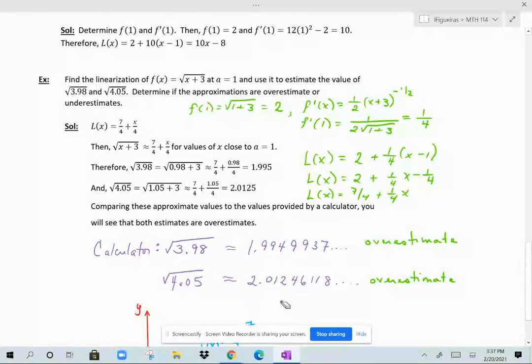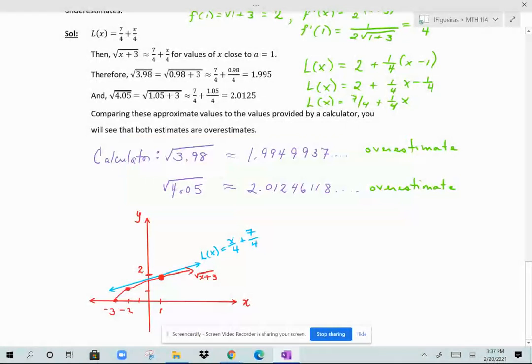So let me explain why they are overestimates by showing you the graph. So the graph of the square root of x plus 3 is in red. And so it's this curve, and my line, L of x, is in blue. So you can see at a equal to 1, which is right here, I have that point where the tangent line intersects it.